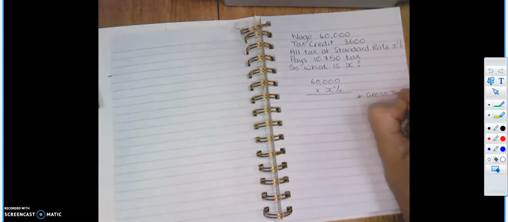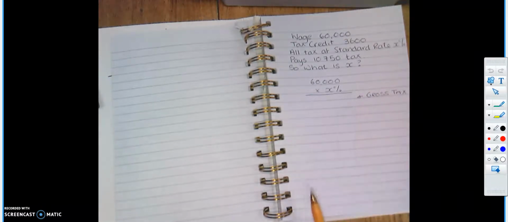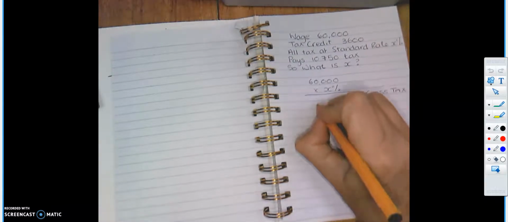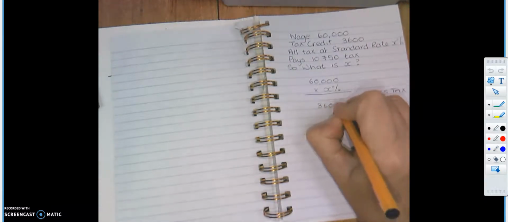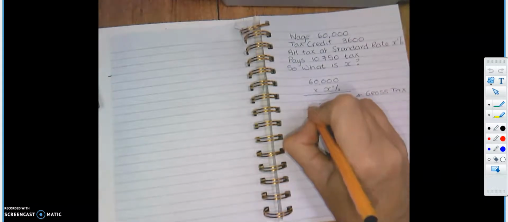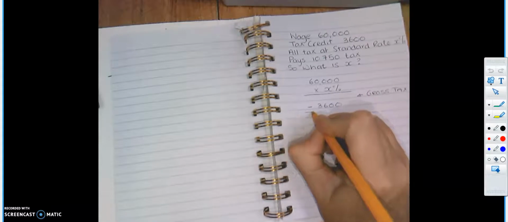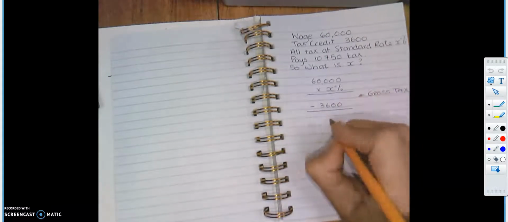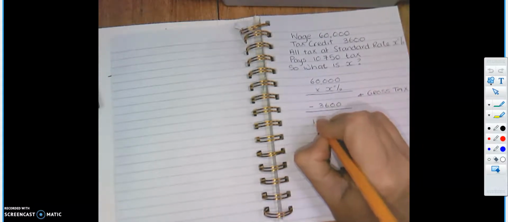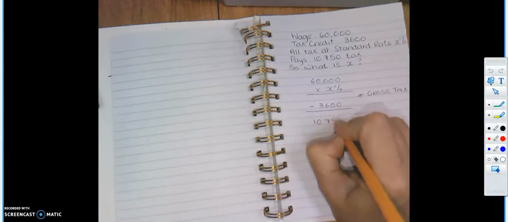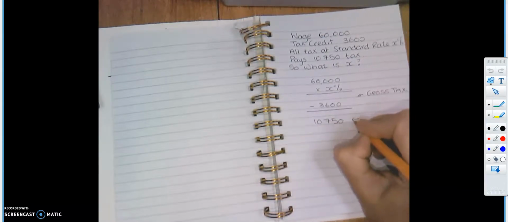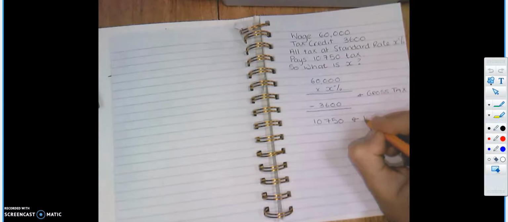In this case, we don't know what the gross tax is. However, we do know that the person has a tax credit of 3,600. So normally what we would do is we would subtract the 3,600 away from the gross tax, and we would end up with the net tax. We do know what the net tax is in this case. So the net tax is 10,750.